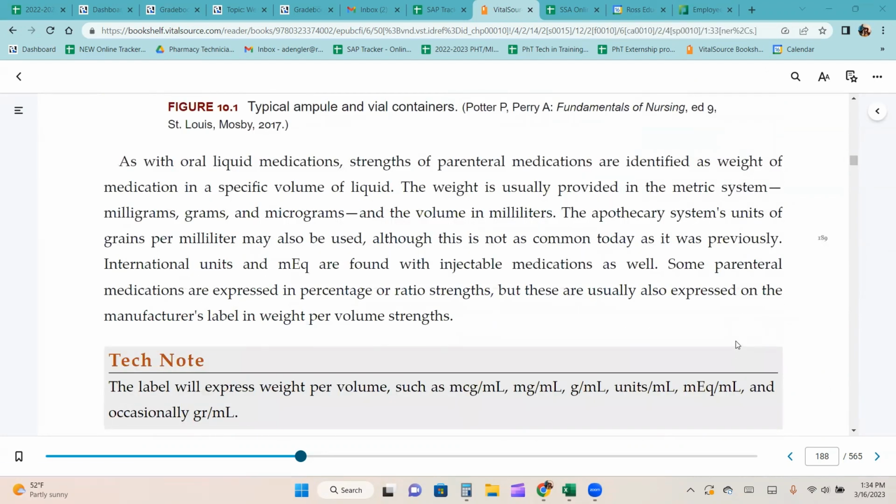As with oral liquid medication, strengths of parenteral medications are identified as weight of medication in a specific volume of liquid. The weight is usually provided in the metric system, so milligrams, grams, and micrograms, and the volume in milliliters.